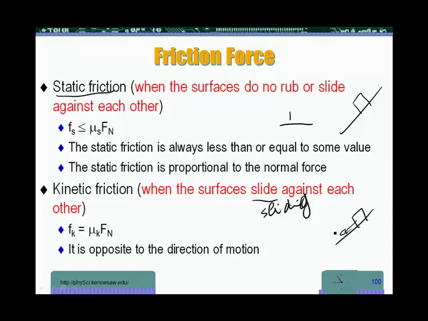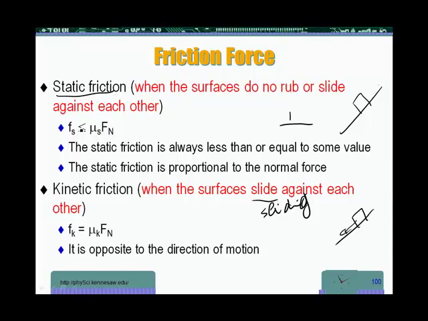Now, what's interesting, like for the normal force, the value for the static friction is not going to take a unique value. Okay, it's a little bit easier where we have an expression. Let's explain the expression.